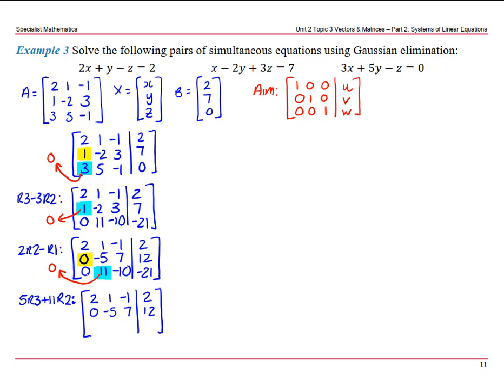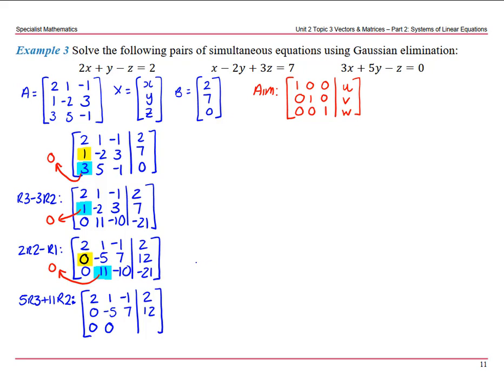Right, so our first element's going to stay the same because you're looking at 2 lots of zeros. 5 lots of 11 is 55. 55 minus 5 times 11 is 55 minus 55. That gives us our 0. 5 lots of negative 10.